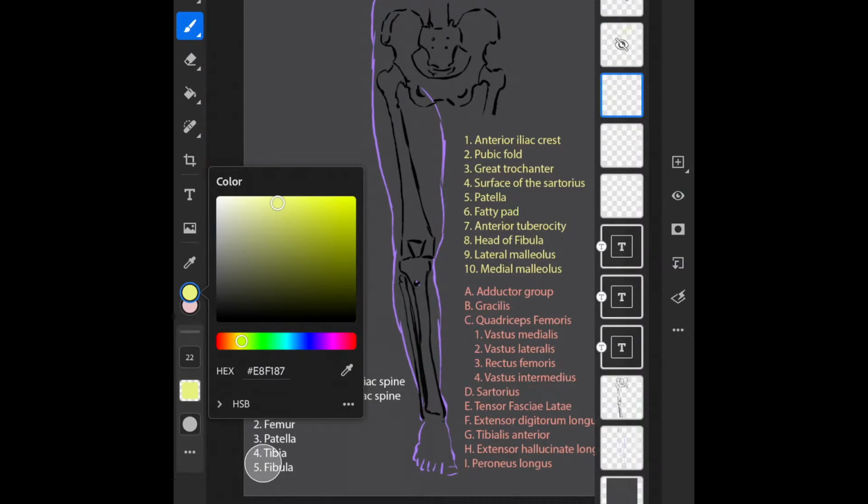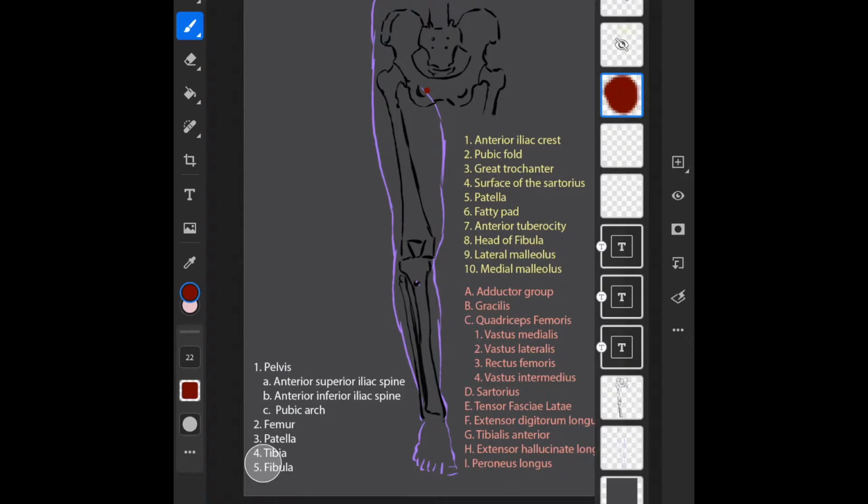Let's change colors again. Let's start off with a darker red. Okay, the adductor group. There's a series of muscles there. We have the adductor magnus, adductors longus, and brevis, but all of them start at the pubic bone here, and then run all the way along the inside of the femur right here, the adductor group.